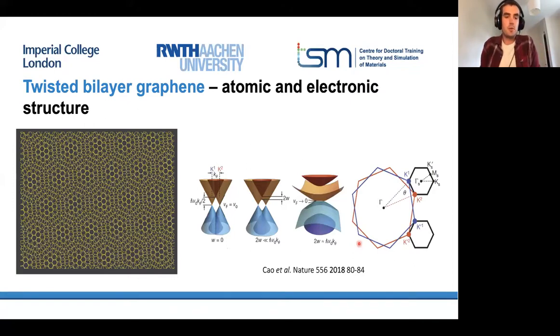So what happens when you twist a graphene sheet relative to another one to create twisted bilayer graphene is you shift the Dirac cone of one of the graphene layers with respect to the other one in momentum space.